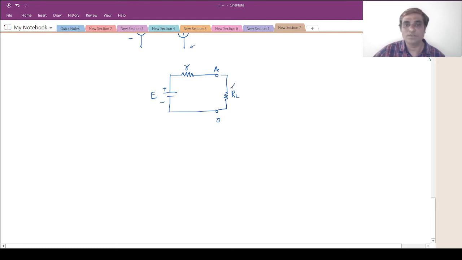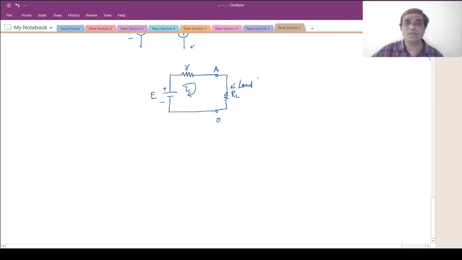So this is my load, suppose, to the battery. Some current I is flowing if it is connected to AO, and if it is open circuit obviously I will be 0 because of the infinite RL. So this is basically the practical voltage source.